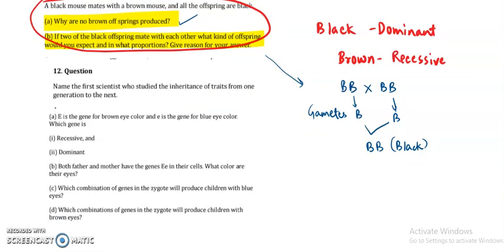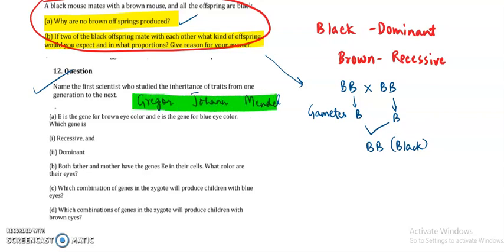And the next question is asking, name the first scientist who studied the inheritance of traits from one generation to another. So it was none other than Gregor John Mendel. He was the first person to lay the foundation of the genetics.